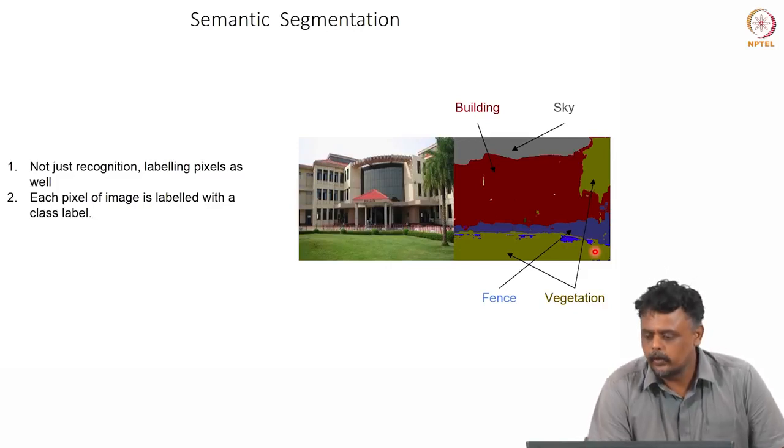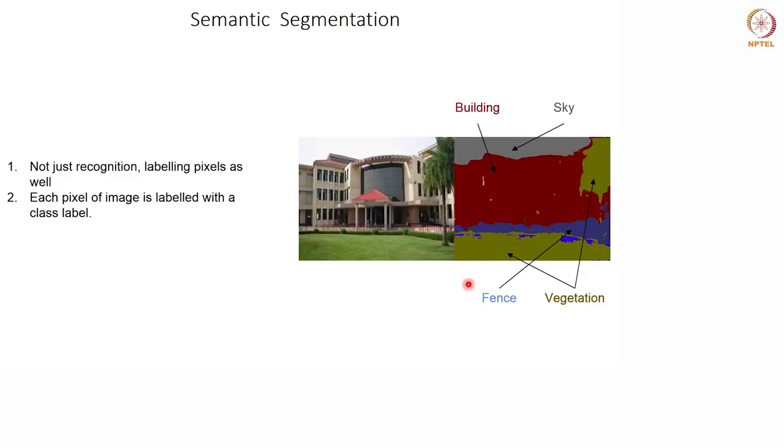There are many nuances here. For instance, let's say there are a series of buildings separated by some space, and in some applications it is desirable to label each of those buildings and recognize them as individual buildings. This is called instance segmentation. It's a slightly more fine-grained task than what we are going to look at right now.